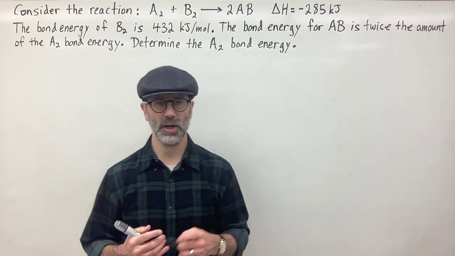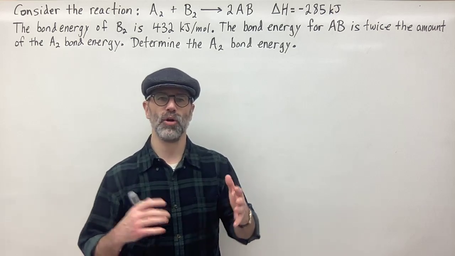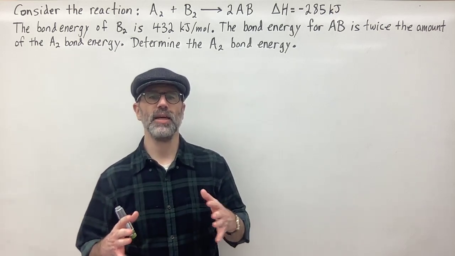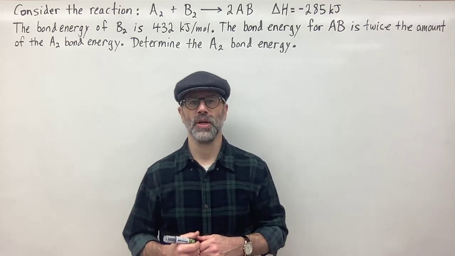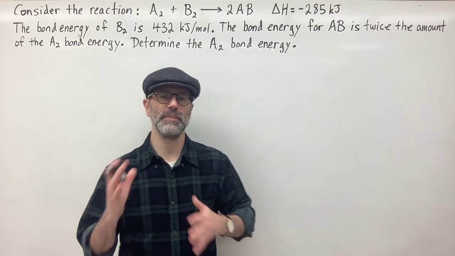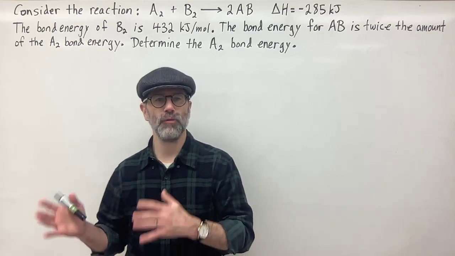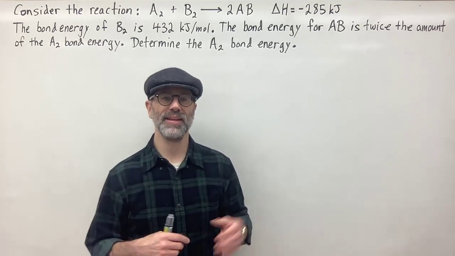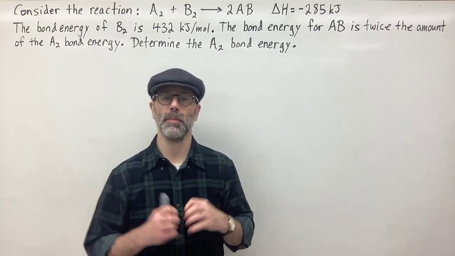Okay, so the first thing we need to do is associate or link up the bond energies with the enthalpy of a reaction. The enthalpy of the reaction can be estimated by the bonds broken and the bonds formed. When you break a bond, you have to put energy in. So it requires energy to break a bond.